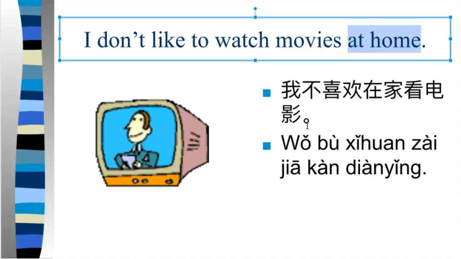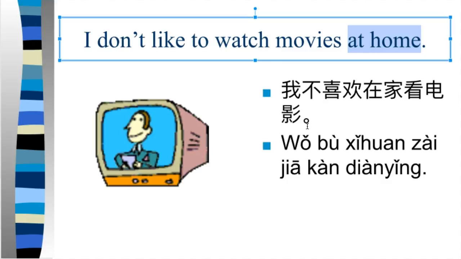Now, the general rule here is, if you remember time, in Chinese you go from a general event to a specific event. And a similar concept holds for locations.